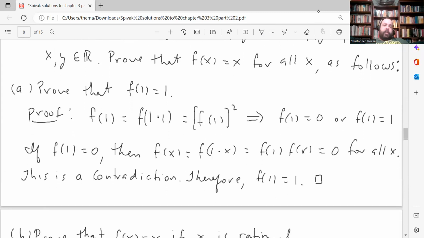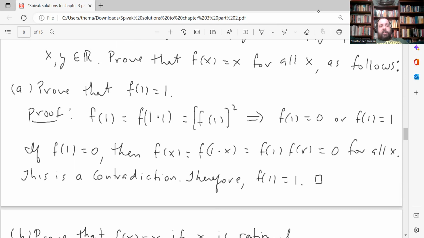So first thing we need to prove is that f of 1 is equal to 1. And again, I can use this fact here. f of 1 is f of 1 times 1. And by the second functional equation that they gave us, that's the same thing as f of 1 times f of 1, or in other words, f of 1 squared. That implies that f of 1 is 0 or f of 1 is 1.